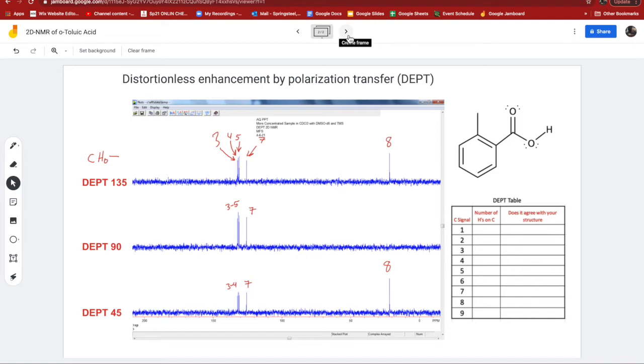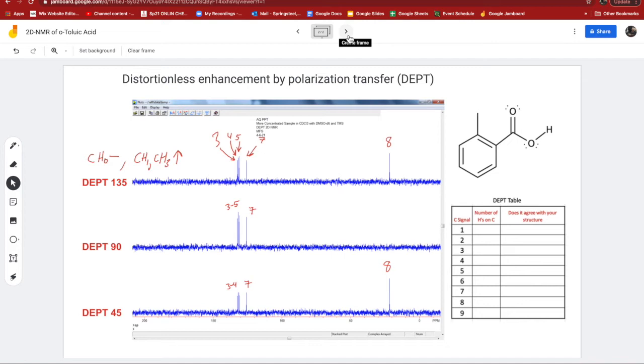And carbons with 1 hydrogen and carbons with 3 hydrogens, they have signals pointing upward. So if we only have this DEPT 35 spectrum to go by, we would say all of these signals 3, 4, 5, 7, 8, they either have 1 hydrogen or 3 hydrogens, an odd number of hydrogens.